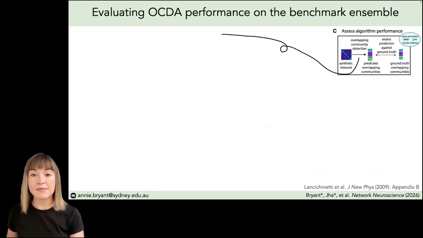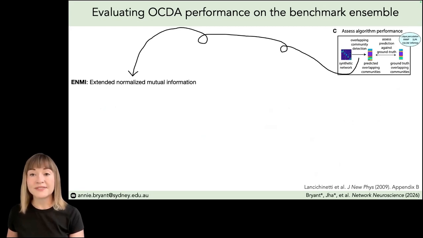We chose to use the same measure for performance evaluation as in Lancichinetti and Fortunato, which they termed the extended normalized mutual information. I'll briefly unpack this measure here, but I would refer the interested reader to Appendix B in their paper for more details.